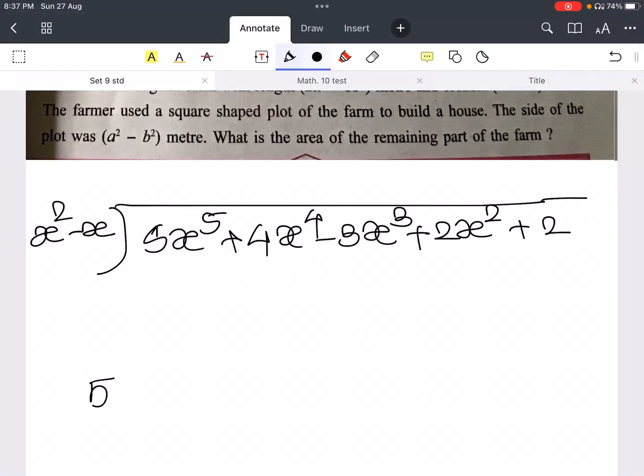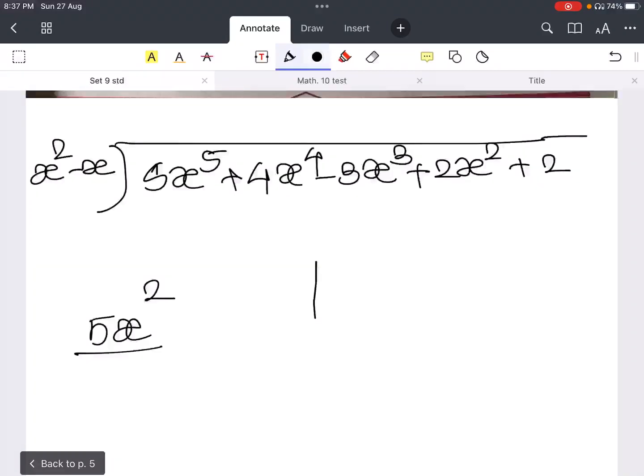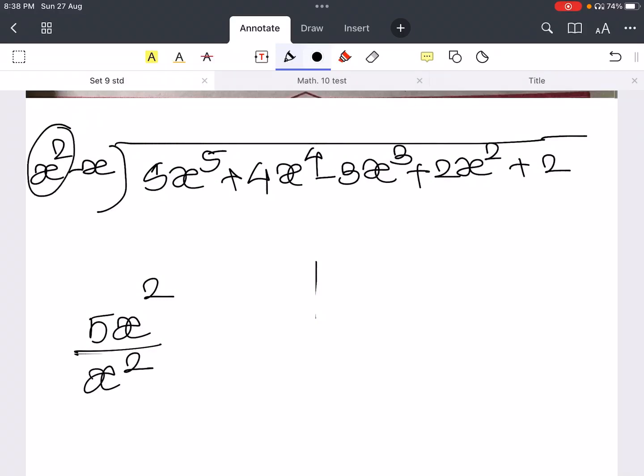Let's move to the question. What is the target? 5x square. What we have? We have x square. Just think only about this term and this term. So x square gets cancelled.